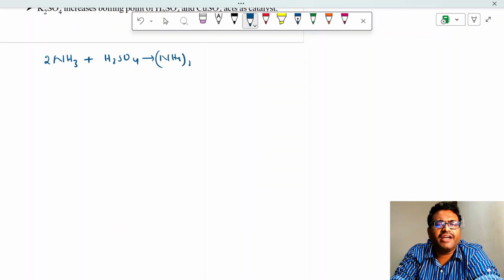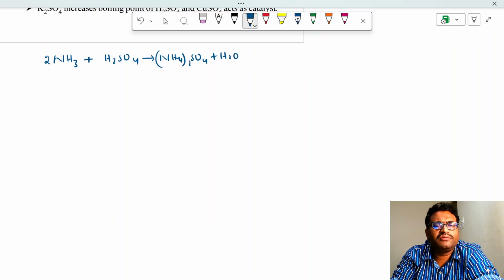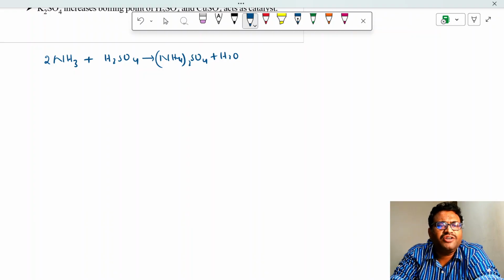(NH4)2SO4. This we know. From the law of milliequivalents, when applied to this reaction, we can say that 1 milliequivalent of NH3 will react with 1 milliequivalent of H2SO4. We are relating these two.